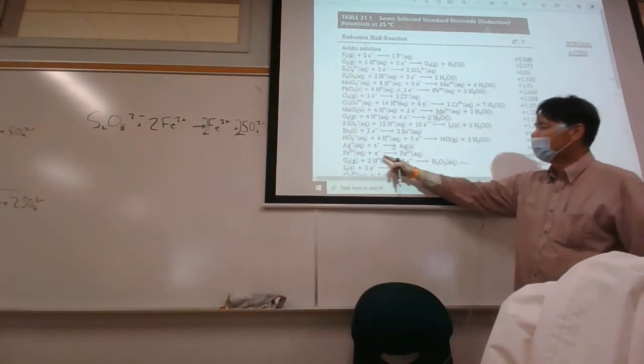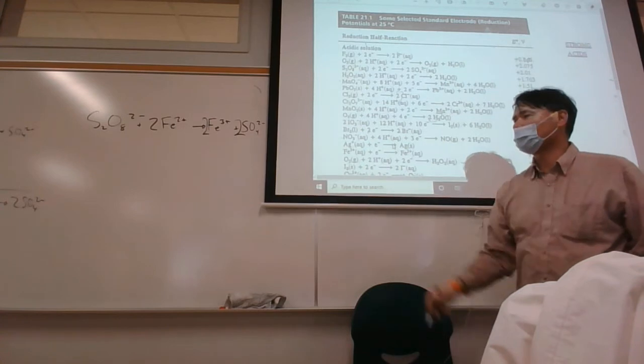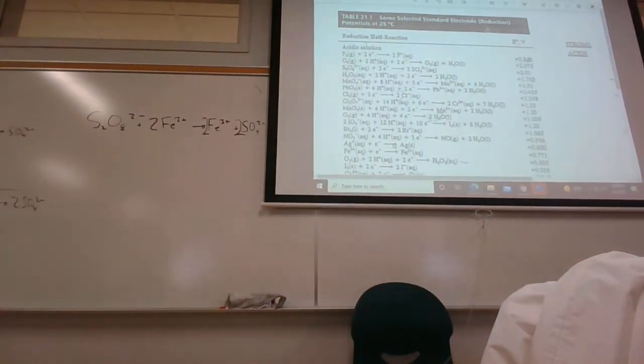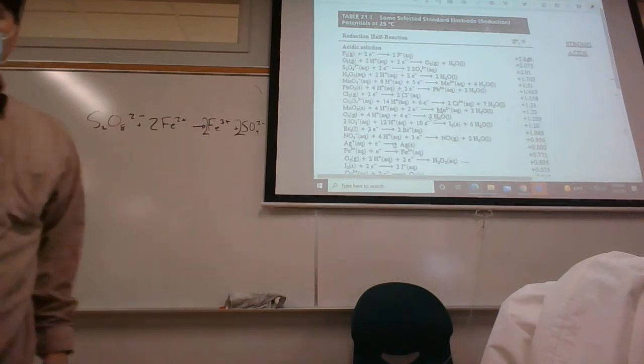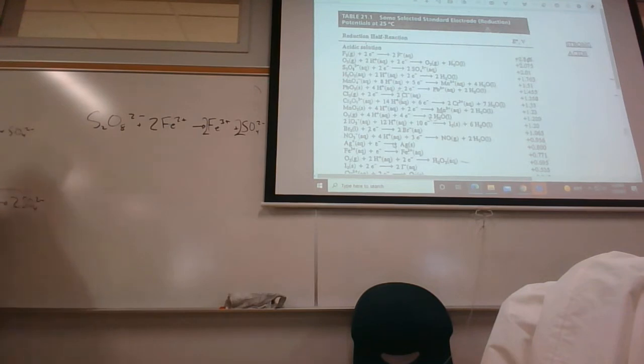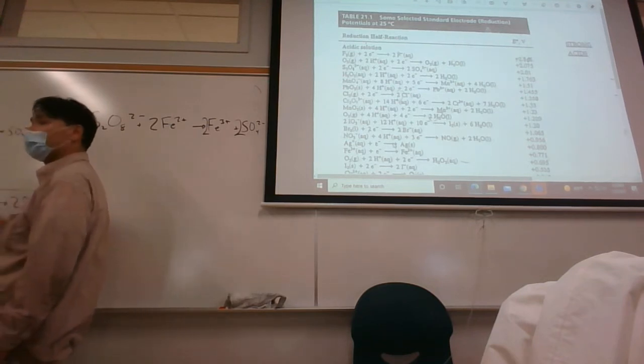Fe2 plus goes to Fe3 plus plus an electron. When we have the 2 half reactions, we have to look at the electrons. Are the electrons balanced? This one produces 1 electron. This one consumes 2 electrons.